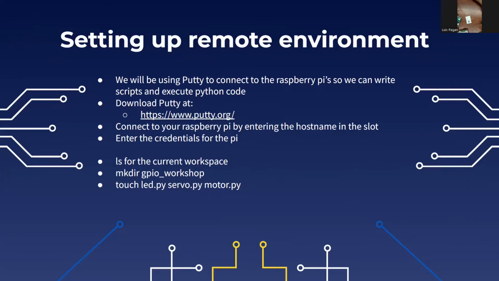For the purposes of this workshop, I'm going to do it a little differently. I will also explain alternative methods of connecting to the Raspberry Pi, but I'm going to do it in the way that best fits my needs for now. And I will post alternative ways of doing it later on.